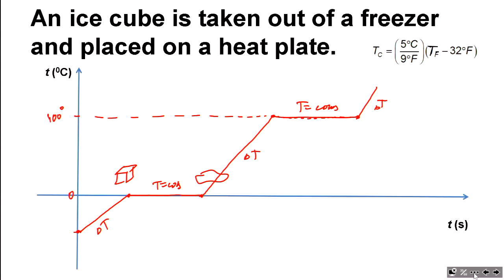And of course, for each process, we need to know how to calculate the amount of energy spent or absorbed. In this particular situation, absorbed, because in order to be warmed up, that piece of ice has to gain some energy from hot water, for example, or from a heat plate. And then in order to melt, it also has to gain, absorb energy.